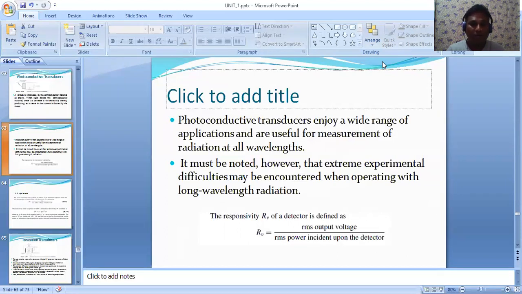Here RV is the detector responsivity, defined as the RMS output voltage divided by the RMS power incident upon the detector. That means the ratio of the current measured by the ammeter to the energy level.